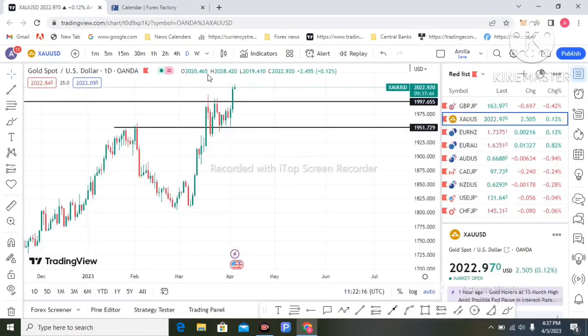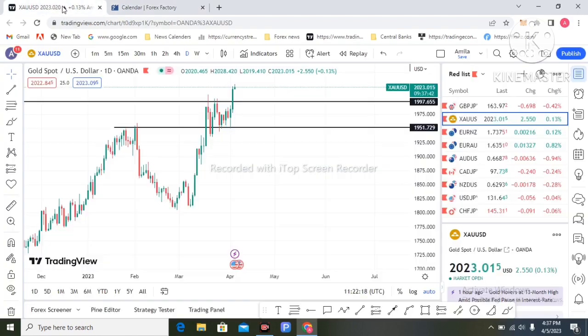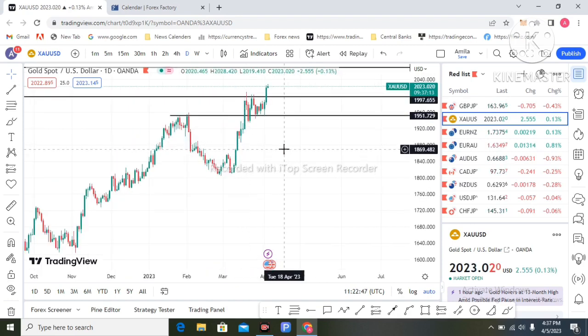Currently gold is always in demand, and gold demand will continue with the non-farm payroll effect, with the actual figure below 200k, below 236k. So that's the non-farm payroll employment change that will be held on 7th April, next Friday. So you will touch this high volatility news regarding the US dollar if you are a gold trader. So that's what I am thinking about non-farm payroll with gold trading.